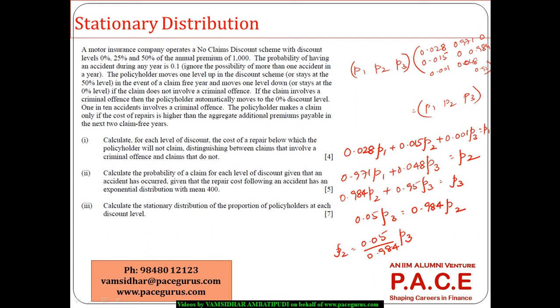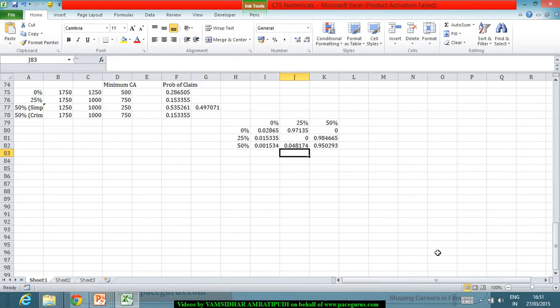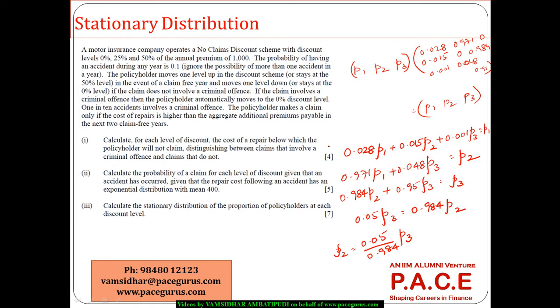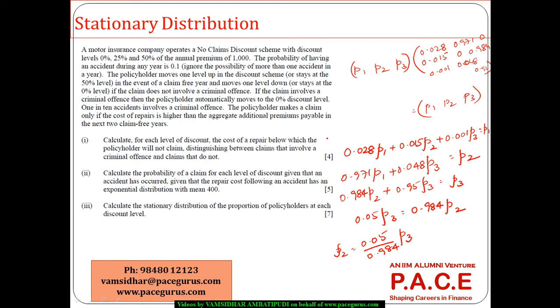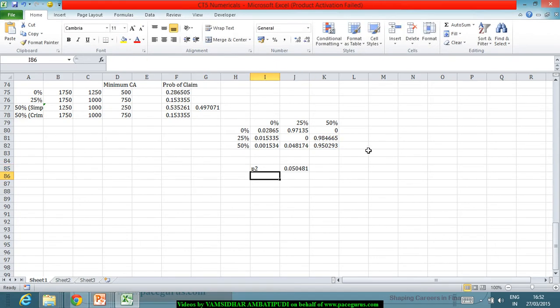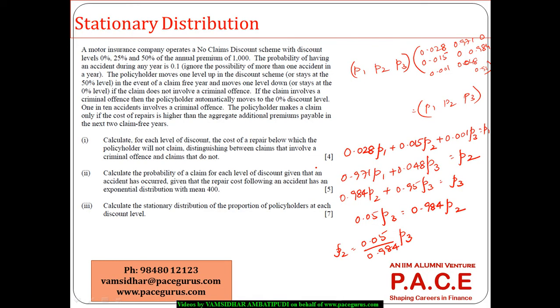So this is the value that is coming for P2 in terms of P3. So P2 is this much times P3. That's one expression which we have got.